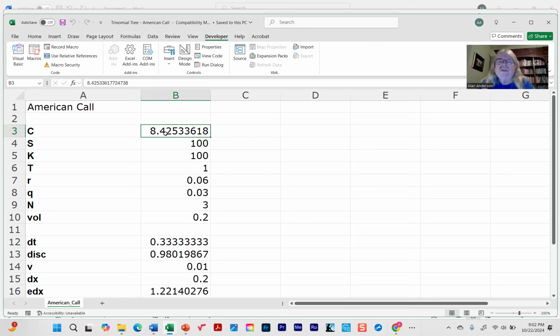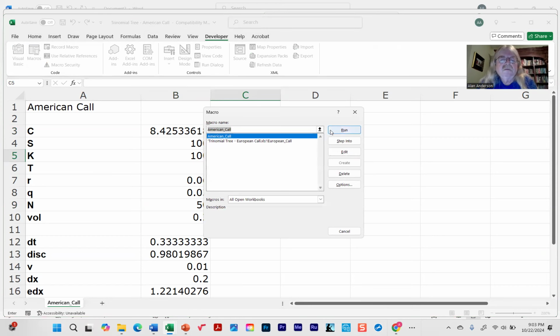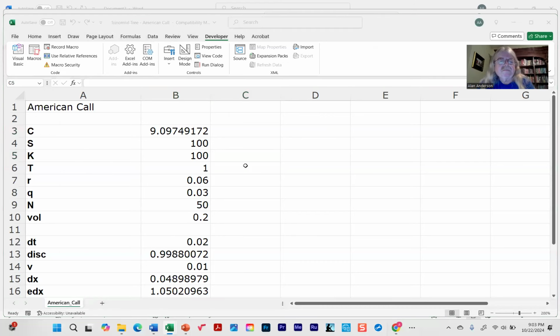When you only have the 3 time steps, there's always a chance that there will not be a single node in your tree at which it makes sense to exercise the option early. So what I'd like to do is show you a quick experiment. If we change this to, let's say, 50 and rerun it, we'll see if they deviate from each other.